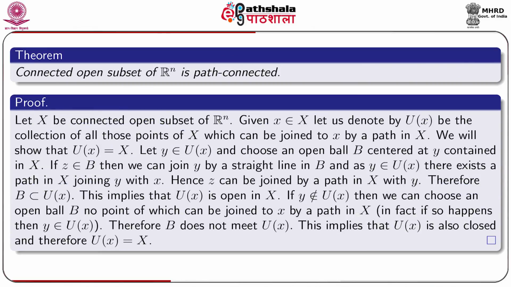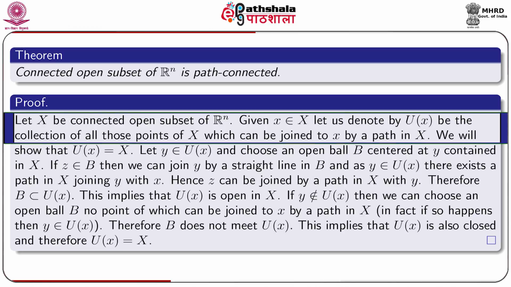In the following example, we can prove that every connected open subset of Rn is path connected. Let X be a connected open subset of Rn.